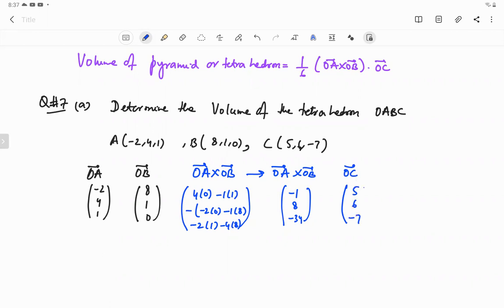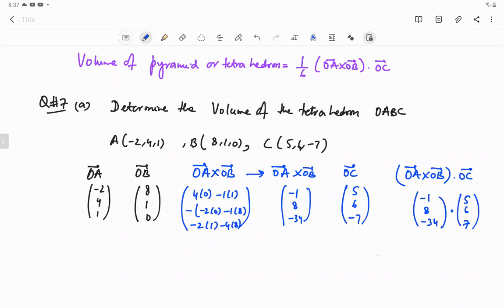(5, 6, -7) and we want to calculate OA cross OB dot OC. So this is equal to (-1, 8, -34) dot (5, 6, -7). Okay, dot product.